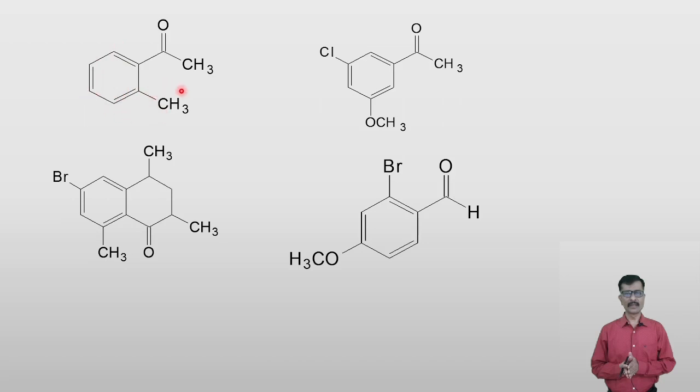So here there is only one substituent, that is a methyl group at the ortho position. So add accordingly. Same thing here, but these two are ortho, these two are meta, para. There is substitution at the meta position, OCH3 and chlorine.